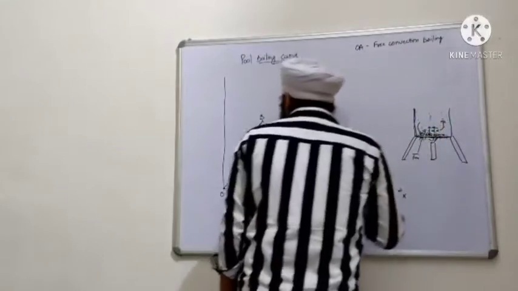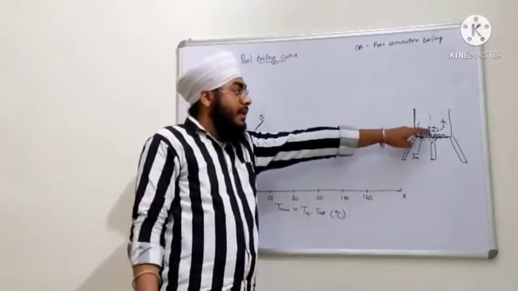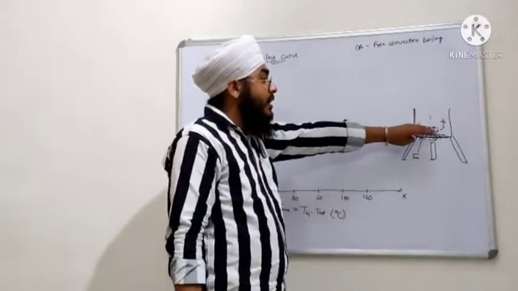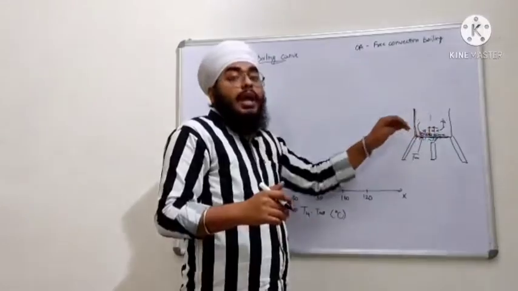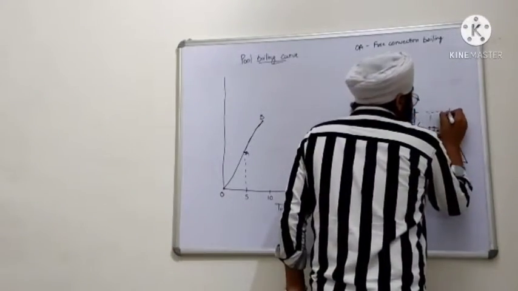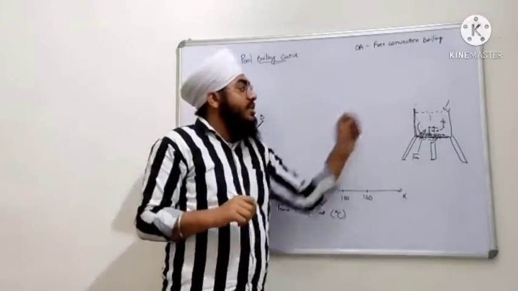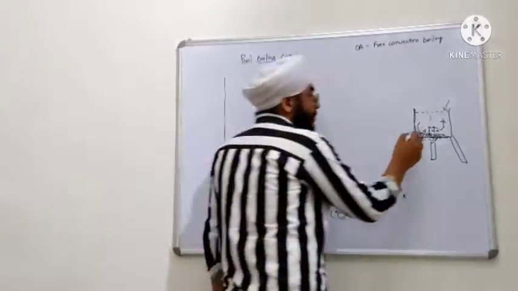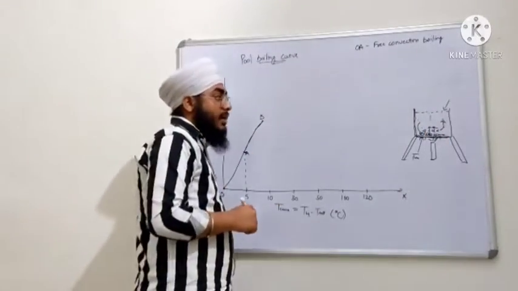So in the A to B part, bubbles are forming, but because of the convection current and the layers above them having a lower temperature, they are getting destroyed before they reach the top layer. They are getting destroyed even much before that.